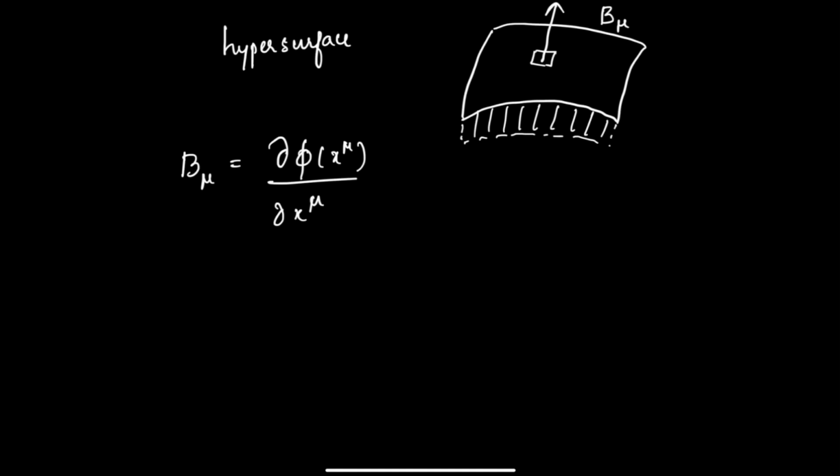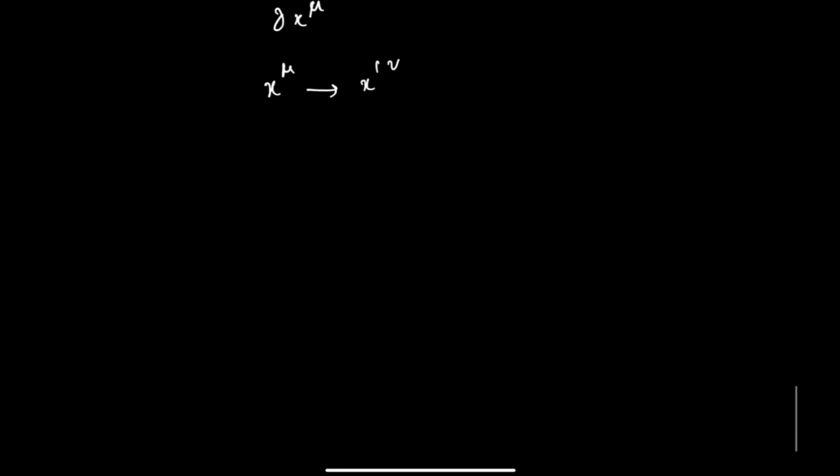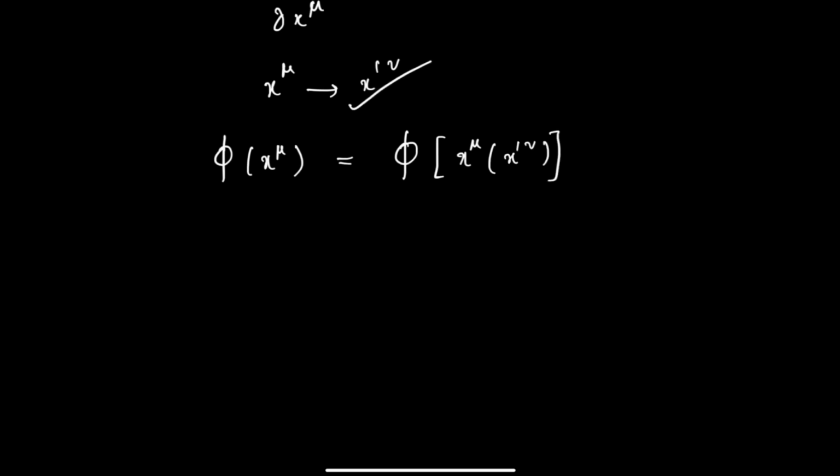Now we have to again consider the coordinate transformation. So the coordinate transformation is given by x mu going to x prime mu. Now under this coordinate transformation, phi of x mu will be phi of x mu, which is again a function of x prime nu.